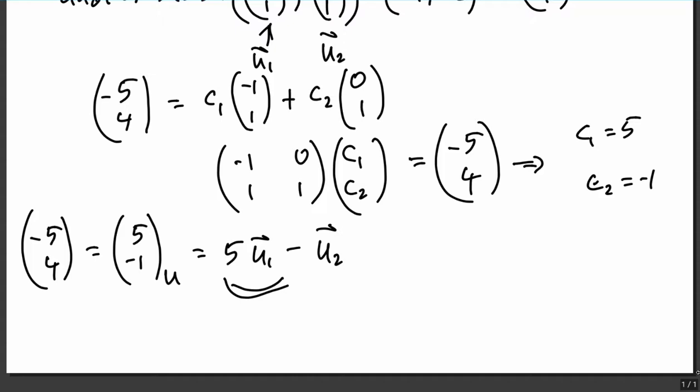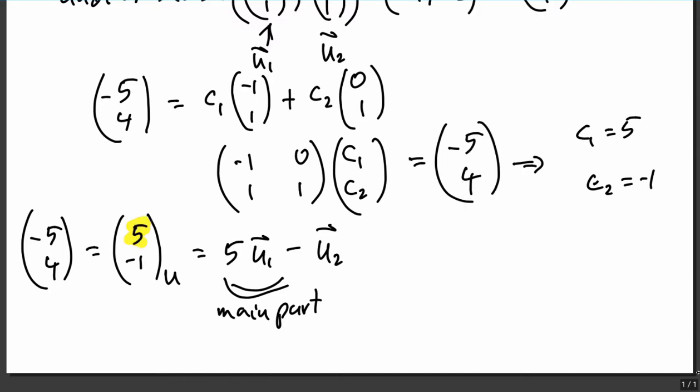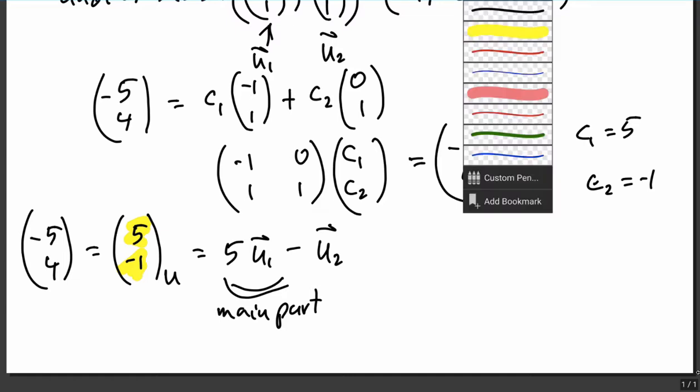It's 5 times U1, and U2 may be negligible also. So this is the main part. When you have big differences between coordinates, basically this suggests that the first component is the largest and the other components are smaller, negligible maybe.